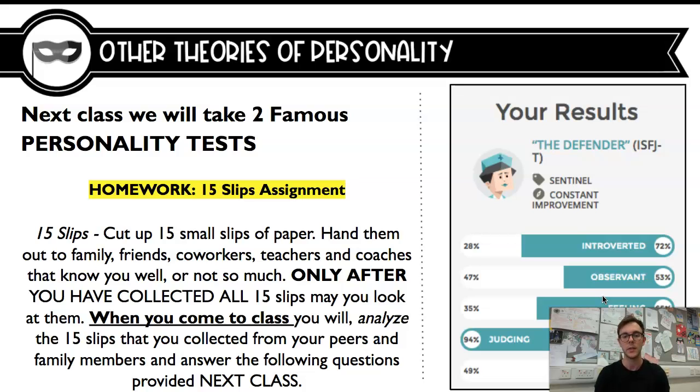We're going to have a guided activity that walks you through your results with these tests, and you're going to compare and contrast two famous personality tests. One of those is the MBTI, which most of you have probably already done at some point here at ICS, especially with Uni Advising. I know you do an activity with them regarding the MBTI.